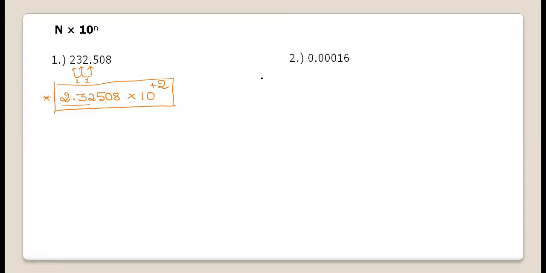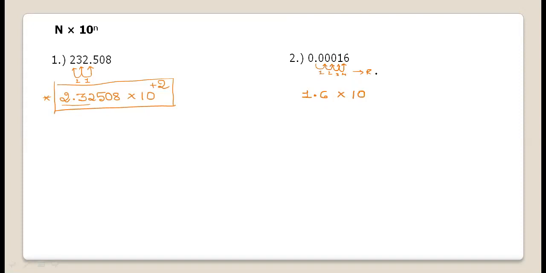Similarly, we'll take one more example. In this example, you need to move the decimal point towards the right hand side to get the digit term in the range of 1 to 9.99. You need to get it as 1.6. If you move the decimal place one place towards the right hand side, second, third, fourth, so 4 places towards the right, you will get 1.6 as the digit term, which is in the range of 1 to 9.99, times 10 to the power of.